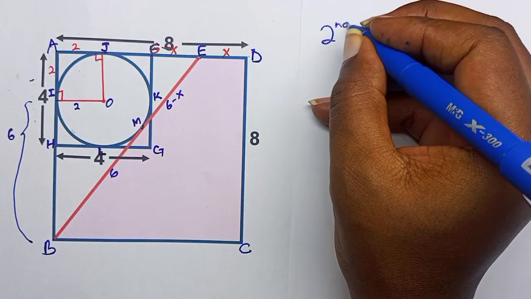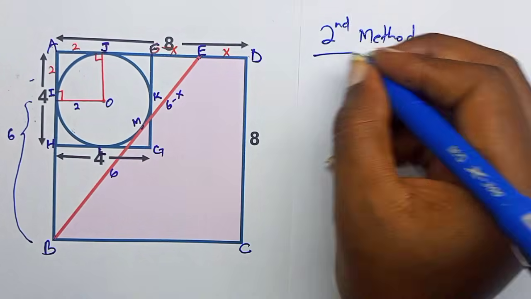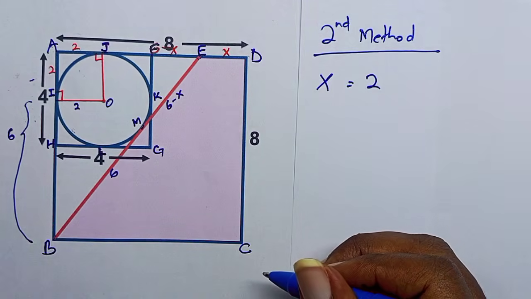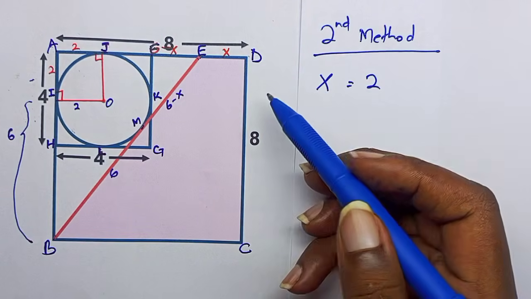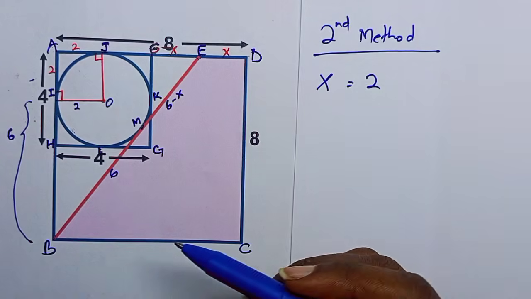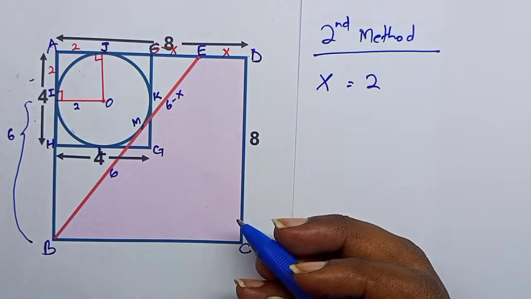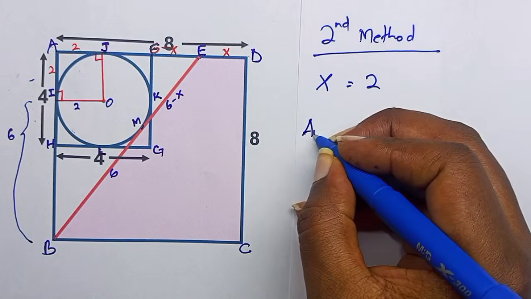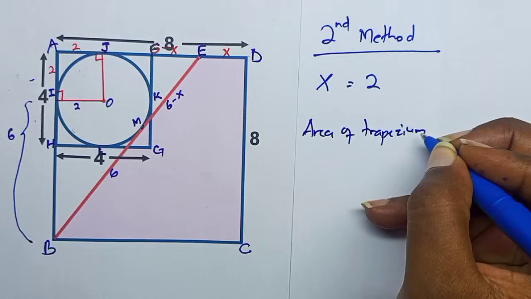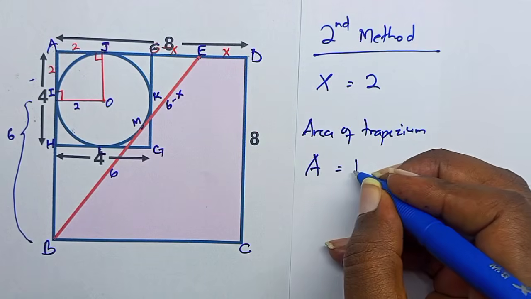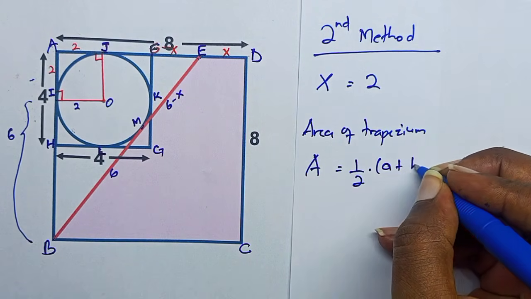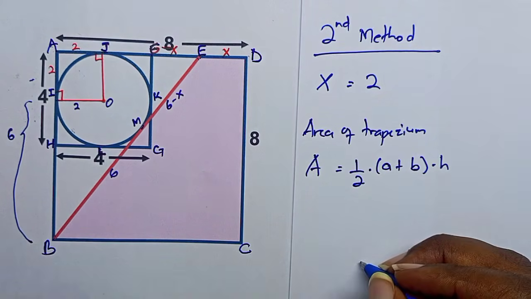But there is a second method that we could have used to still arrive at the area at the point where we found x is equal to 2. Okay, so from this point where we got x is equal to 2, we know that EDCB is a trapezium. Okay, and we know that area of a trapezium is given by a half times the short side plus the long side times the height.